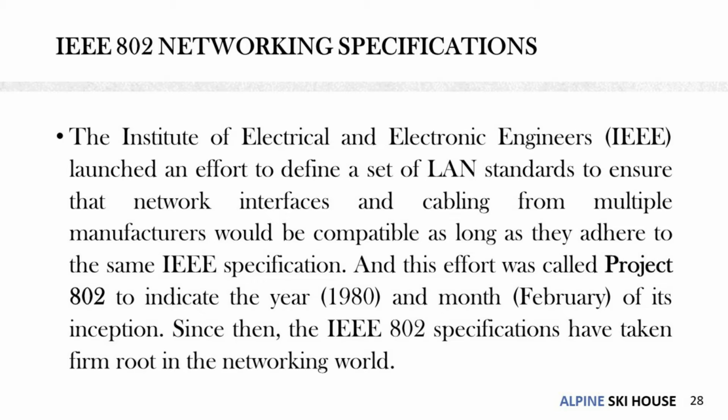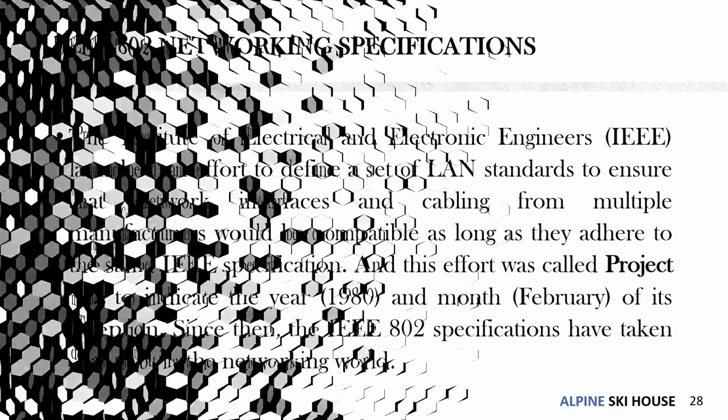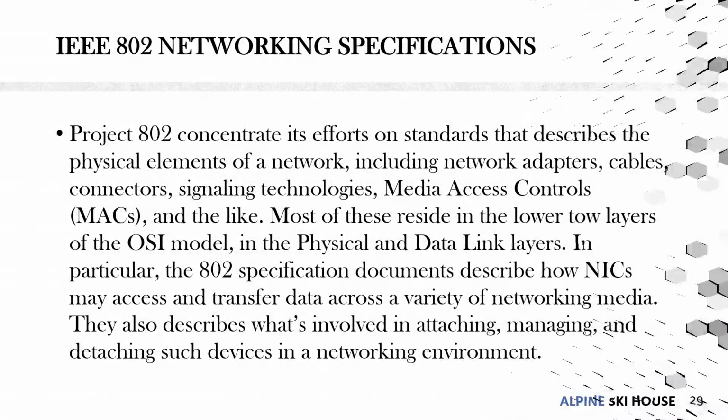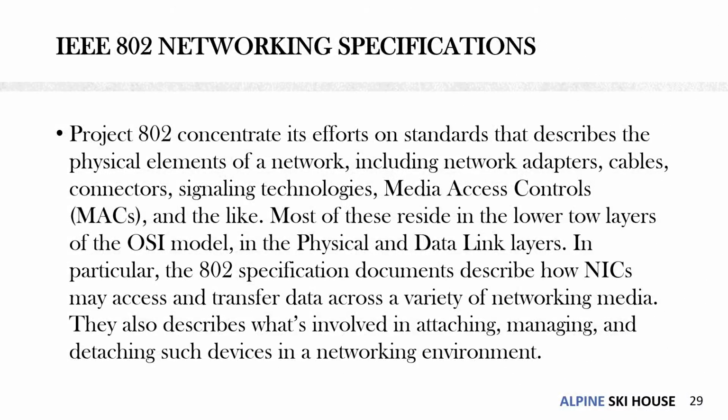Since then, the IEEE 802 specifications have taken firm root in the networking world. Project 802 concentrates its efforts on standards that describe the physical elements of a network, including network adapters, cables, connectors, signaling technologies, media access controls or MACs, and the like.